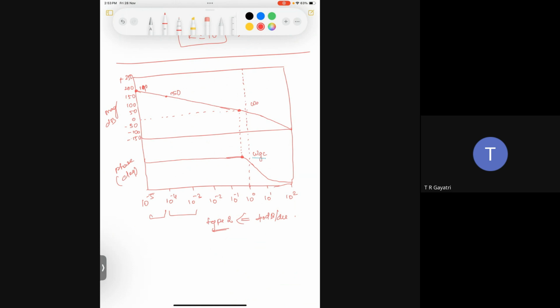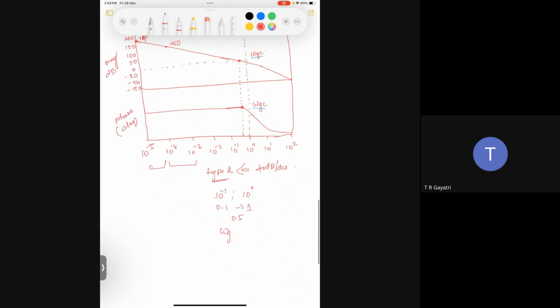Your gain crossover frequency will be around 0.5. It's in between 10 power minus 1 to 10 power 0, that is 1. So maybe around 0.5 I'm taking approximately. So your omega GC would be equal to 0.5 radians per second. This information we can get.